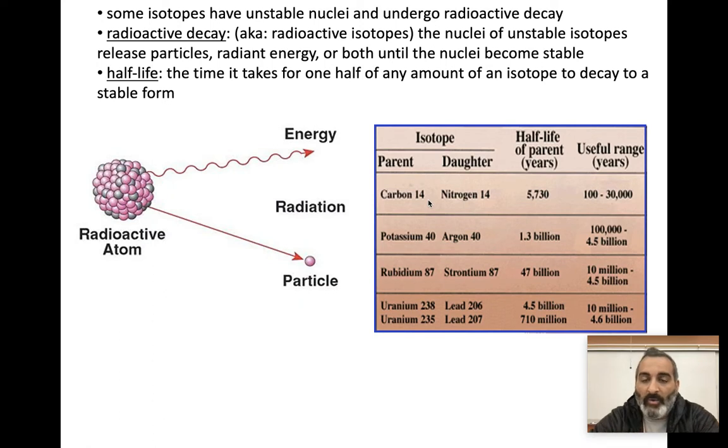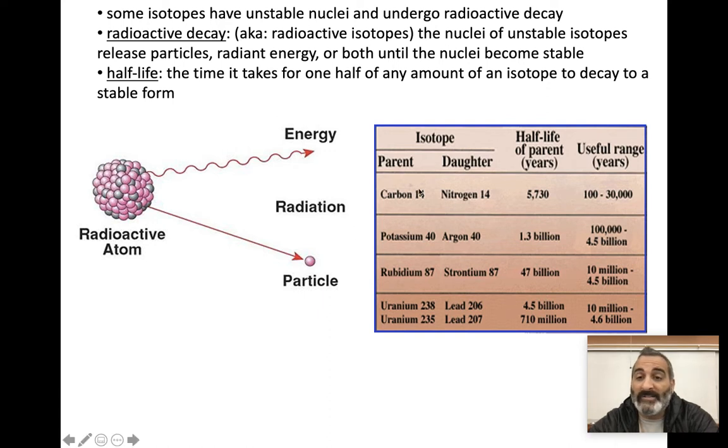So why do we need to know about these? These are radioactive elements, which means they break down. Radioactive elements break down at a certain rate. When half of that element is left, we say that the amount of time that has passed is the half-life. So for example, carbon 14, which is radioactive carbon, carbon 12 is not radioactive, it doesn't break down, but carbon 14 does.